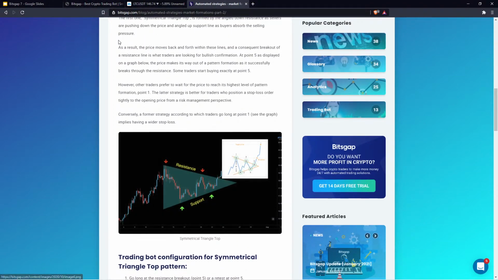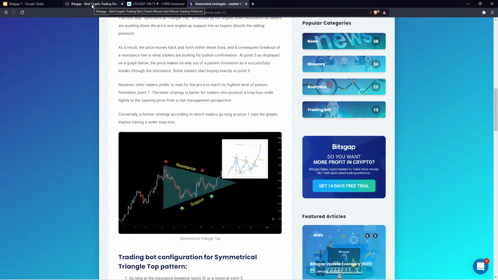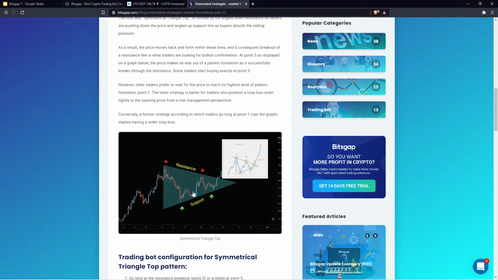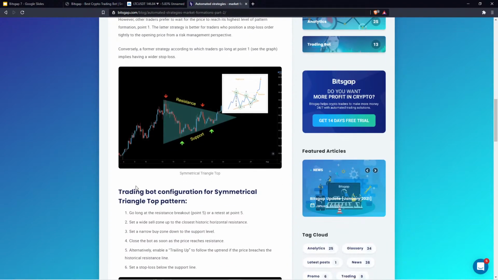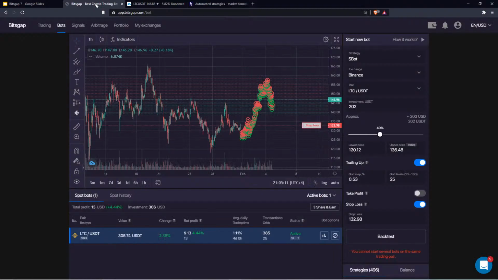It just depends on various conditions on the market. For example, this pattern that you see over here, it can work not for all cryptocurrencies. What you have to do here is just take this strategy and try it out on various cryptocurrencies and find out which was the best one for you.